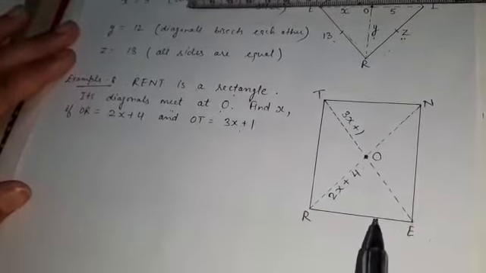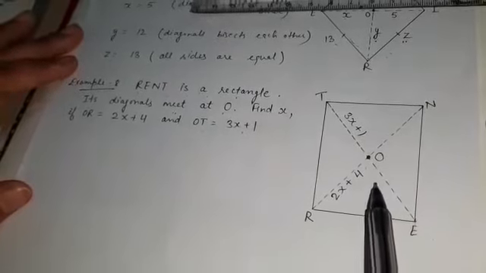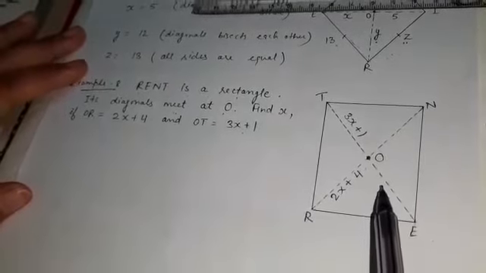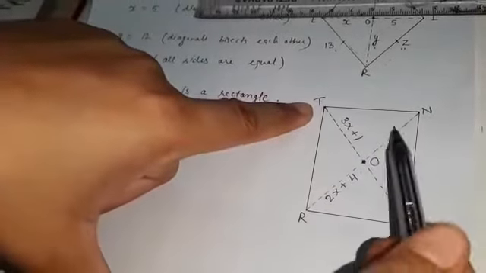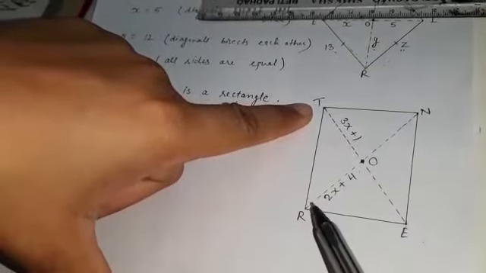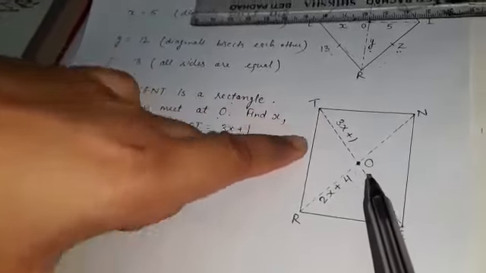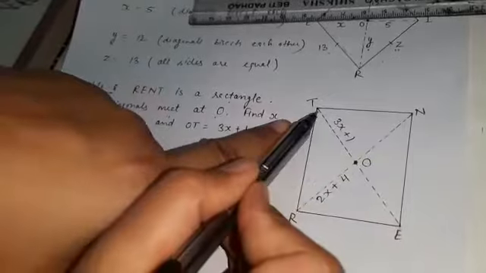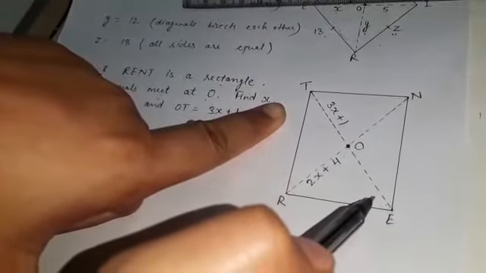If you remember the properties of diagonals, what are the properties of diagonals in a rectangle? The very first thing is that diagonals are equal to each other. In a parallelogram diagonals only bisect each other, but in a rectangle diagonals are equal in length and they bisect each other.